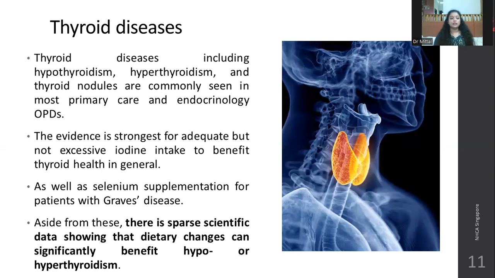Thyroid diseases include hypothyroidism, hyperthyroidism, thyroid cancer, and nodules. These are the most common cases which any primary practitioner and any endocrinology department sees on a daily basis. The evidence is strongest for adequate but not excessive iodine intake to benefit thyroid health in general. Iodine deficiency is very common in underdeveloped countries. In developing countries, thyroid disorders are usually associated with obesity and not always iodine deficiency.